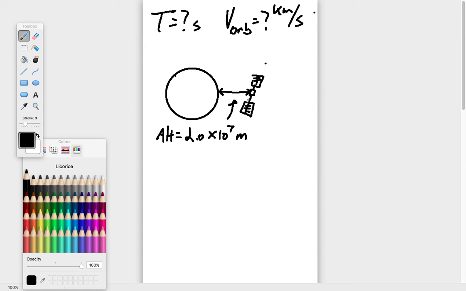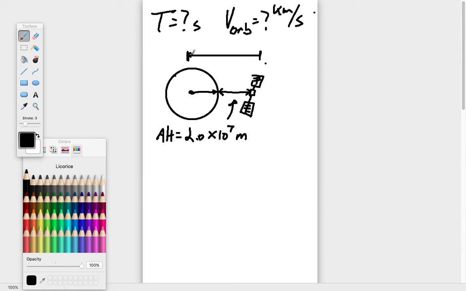Now, tricky. I have to actually know this information as well. It's the center of the Earth. I need to know not just the altitude of the satellite, but I need to know this total distance here from the center of the Earth to the satellite up in space above the Earth, a perfectly executed straight line.